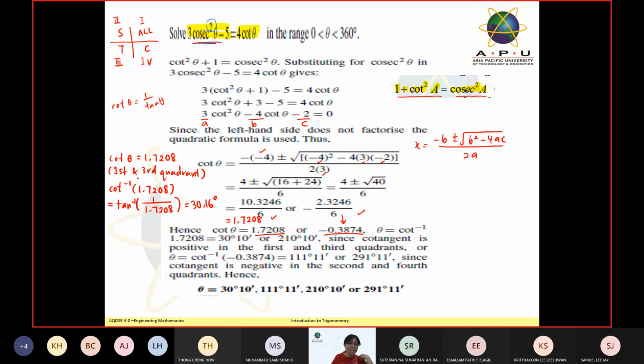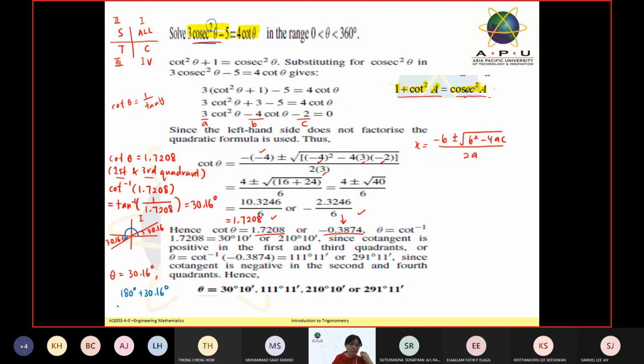Since this is in the first and third quadrant, for the first quadrant theta is 30.16. The third quadrant will require you to take 180 degree plus 30.16, which is 210.16.